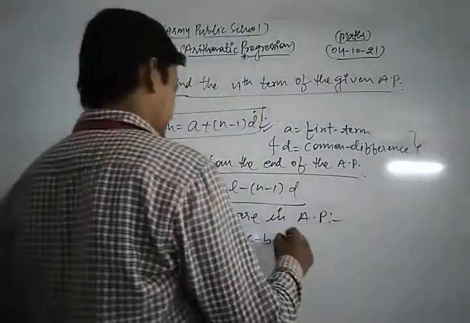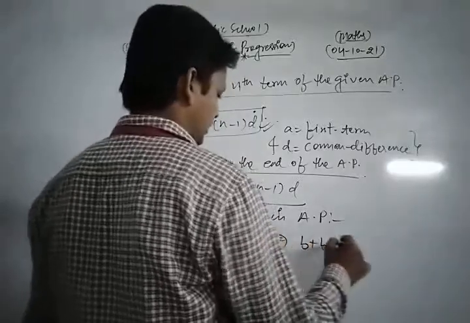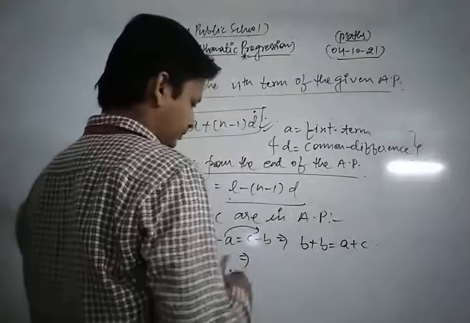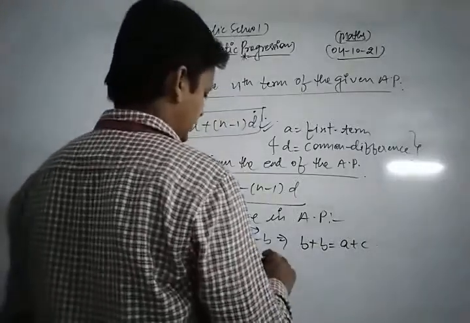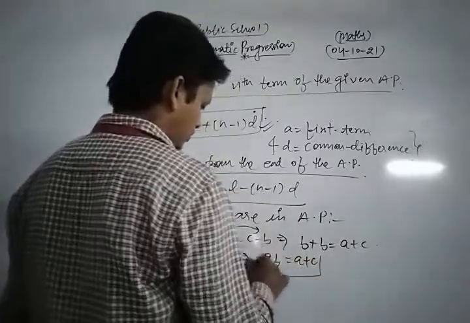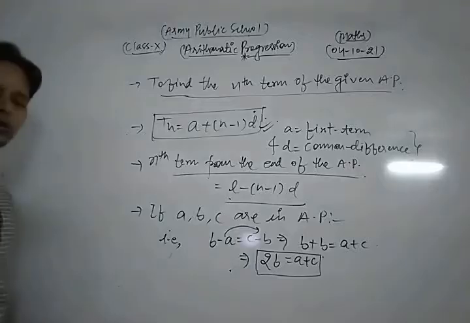That is, b plus b is equal to a plus c, because minus a comes to that side. So 2b is equal to a plus c.